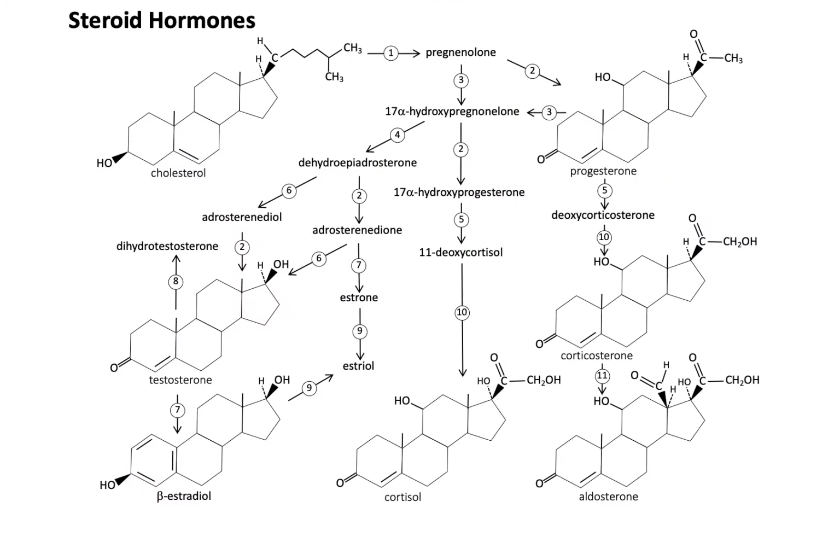Another factor that can influence either initiation or progression of cancer are steroid hormones, including progesterone, estrogens, testosterone, etc. And so here are some of the pathways indicated, all starting from cholesterol.